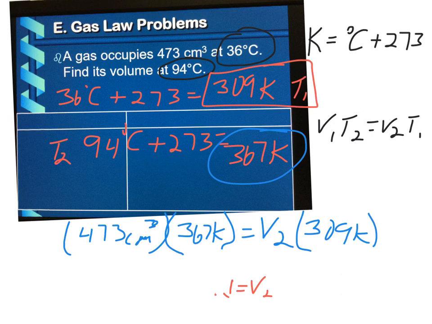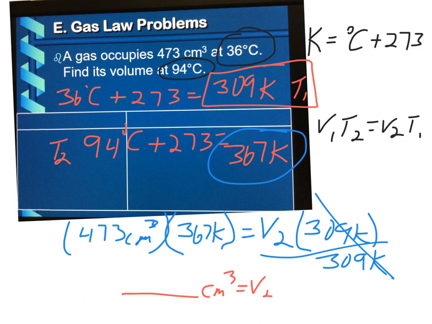Let's go ahead and erase that. So now, we're going to divide by the 309 Kelvin, because that's going to cancel out. What you do to one side, you must what? Very good. You must do to the other side.